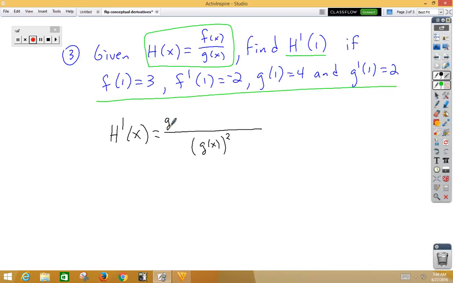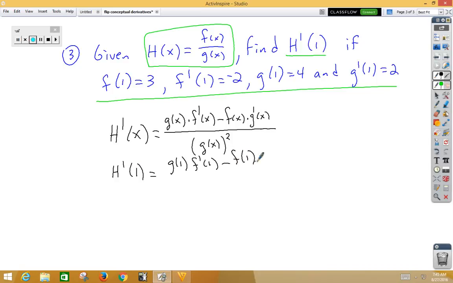Now it's the bottom function multiplied by the derivative of the top minus the top function multiplied by the derivative of the bottom. If we go ahead and plug in h prime of 1, we get g of 1 times f prime of 1 minus f of 1 times g prime of 1 all over g of 1 squared.